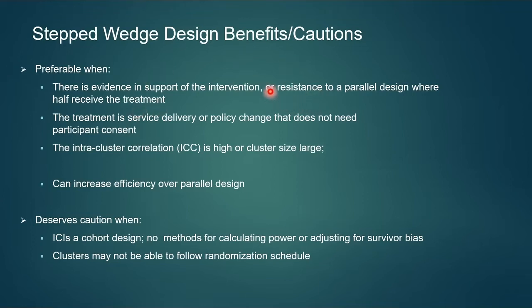And because of that, we say there's resistance to a parallel design where only half the facilities, hospitals, and the patients and providers within receive the treatment and half not. So there's sort of ethical and sort of political reasons why a step wedge design can be very attractive.